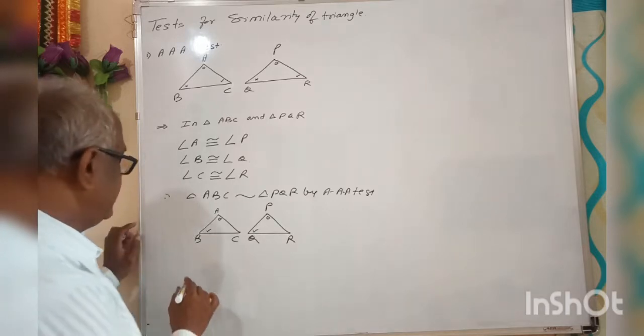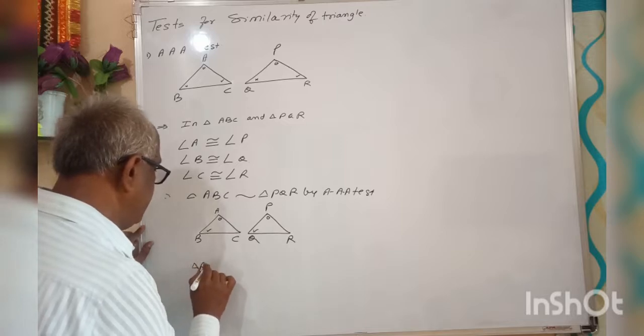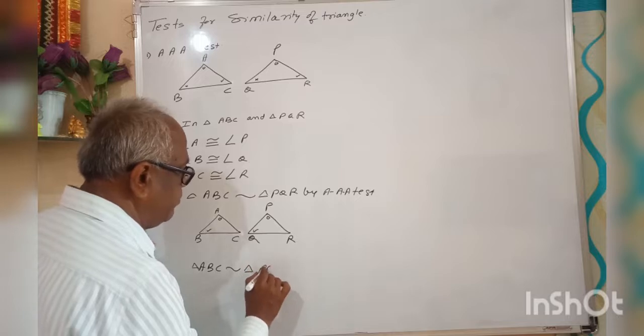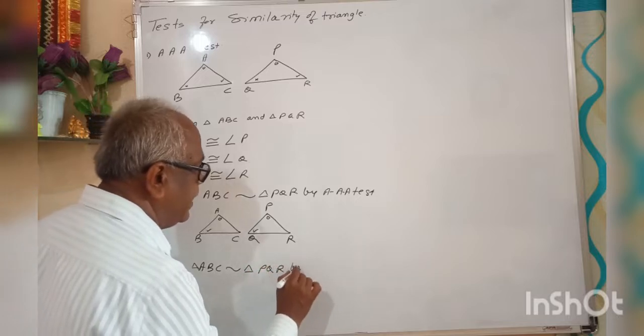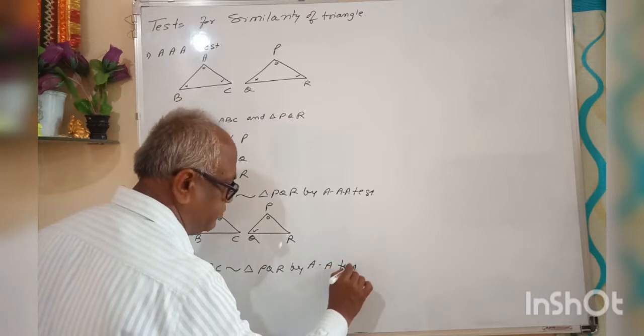So we can write that triangle ABC is similar to triangle PQR by the AA test also.